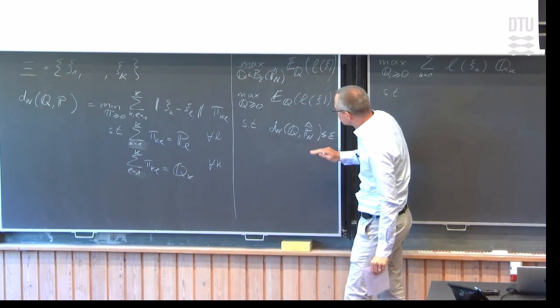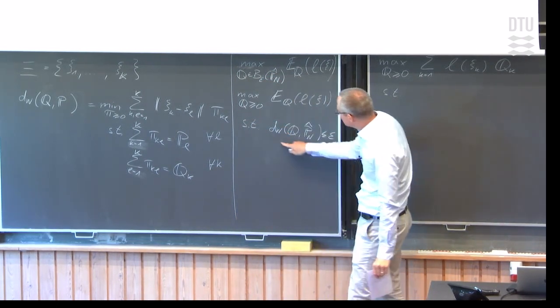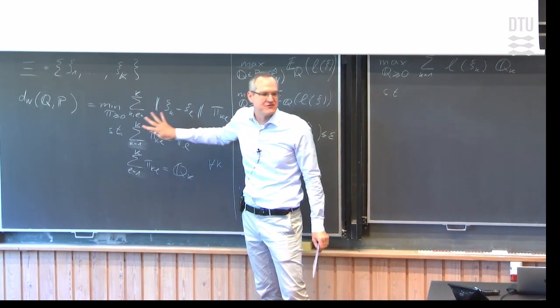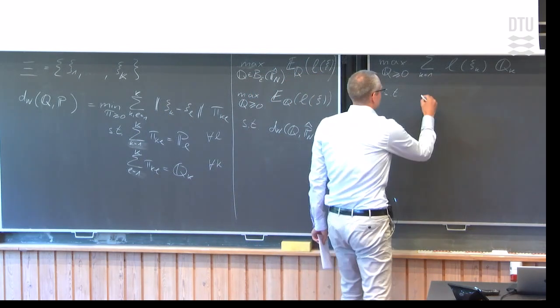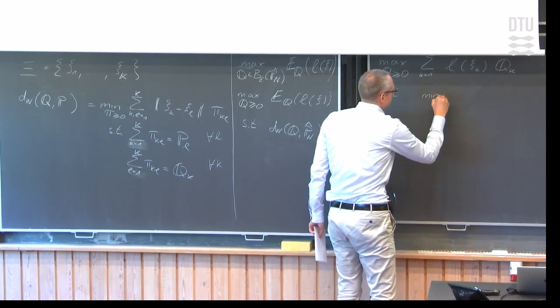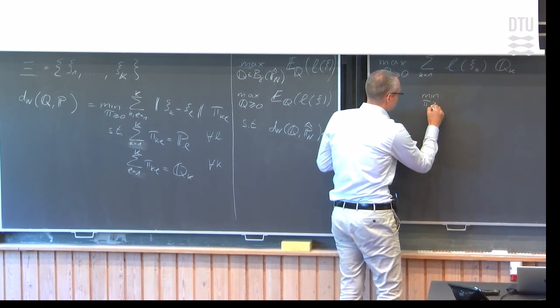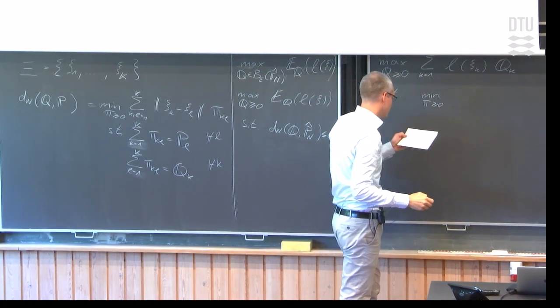Now, this constraint here, I just reformulate by replacing the Wasserstein distance with this optimization problem, which is the definition of the Wasserstein distance. So I have a minimization here over all distributions pi with non-negative probabilities.